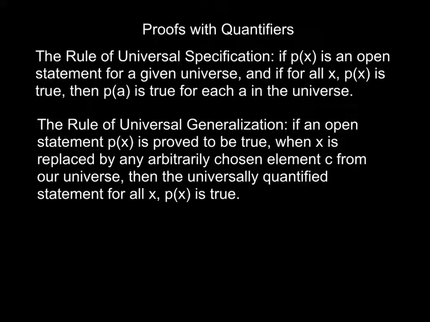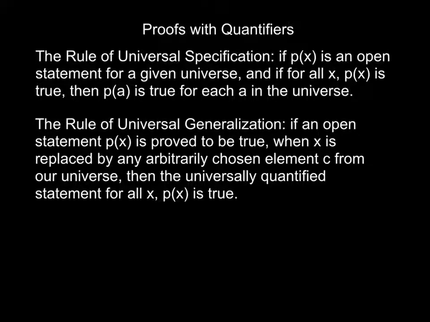The next rule we will need is the rule of universal generalization. If an open statement P of x is proved to be true when x is replaced by an arbitrarily chosen element C from our universe, then the universally quantified statement for all x, P of x, is true.